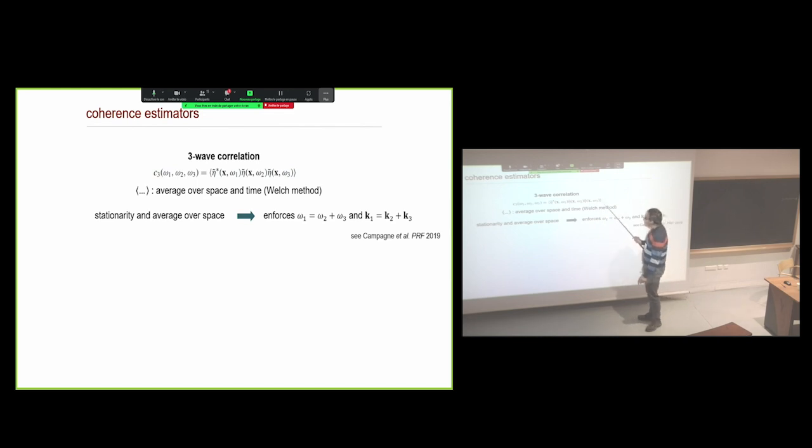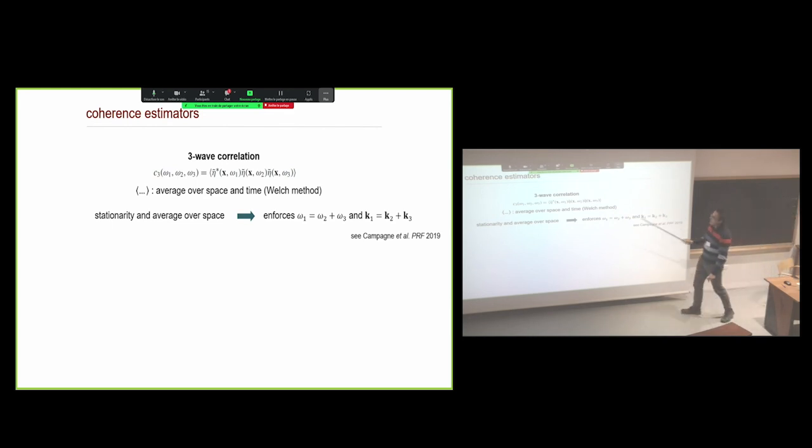And my average here is not the average over realizations, it's the average over space, over the point x where I compute the wave elevation, and over time using a Welch method. So I take a chunk of the recording, I do the Fourier transform in frequency, and then I average with the next period of whatever duration, like 1 minute or 2 minutes, something like this.